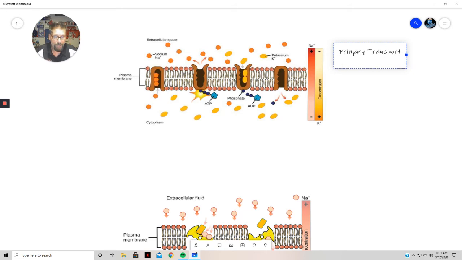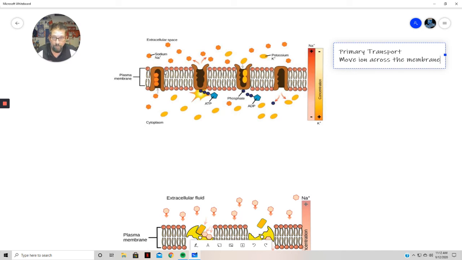All right, so primary transport. We're going to move an ion across the membrane. In this case, it's either sodium or potassium, using an antiporter.